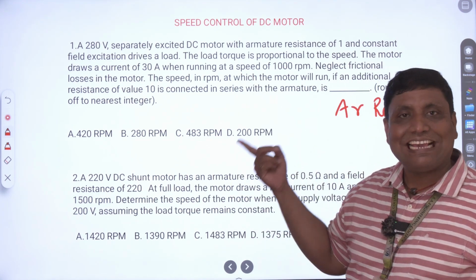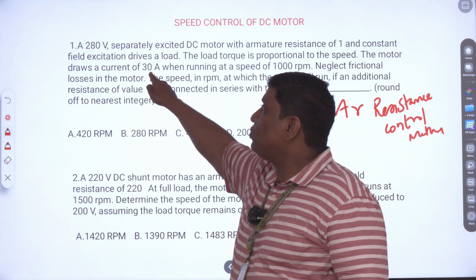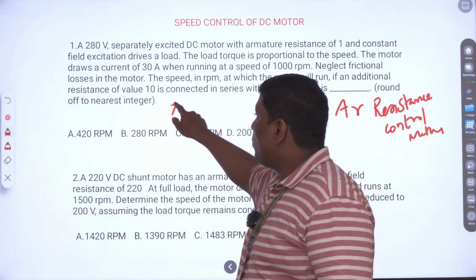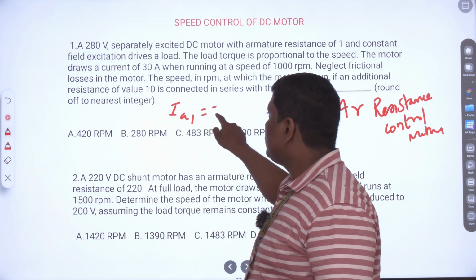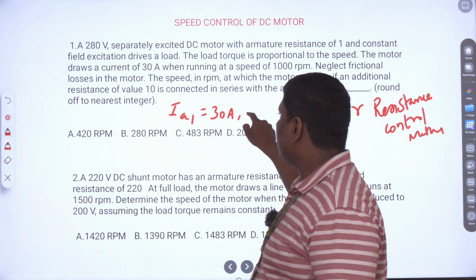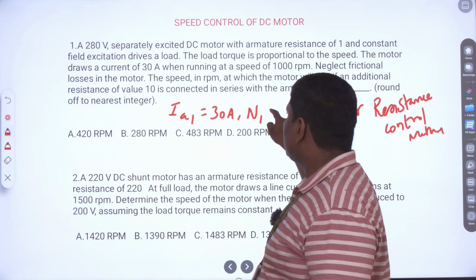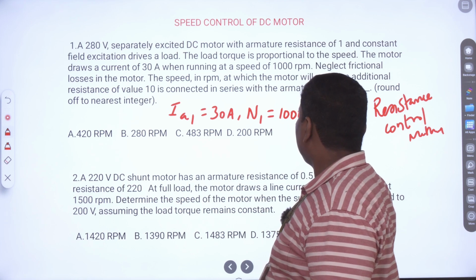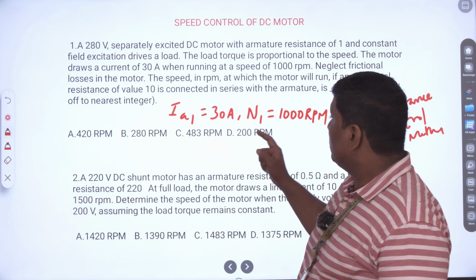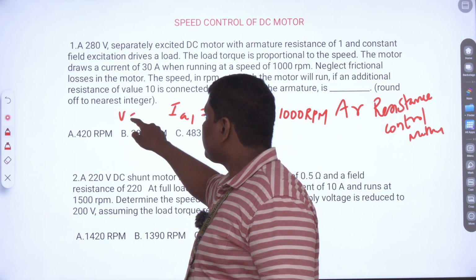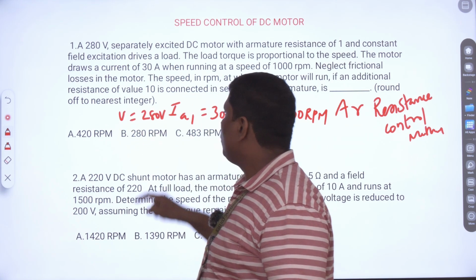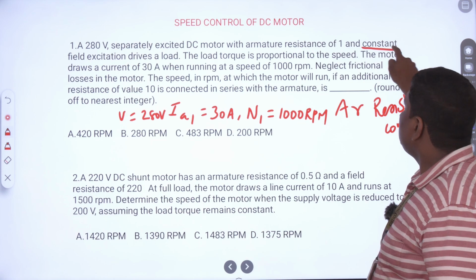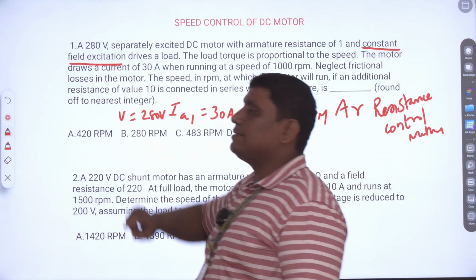Without external resistance, the current through the armature is 30 ampere, so IA1 is 30 ampere. For that, the speed is 1000 rpm. Supply voltage is 280 volt.